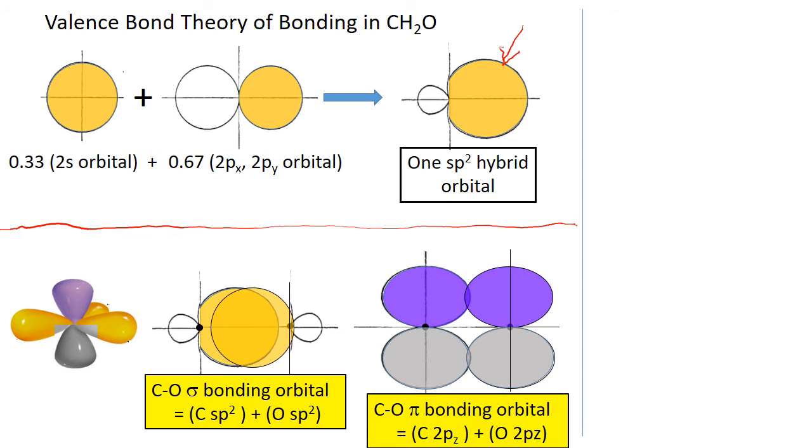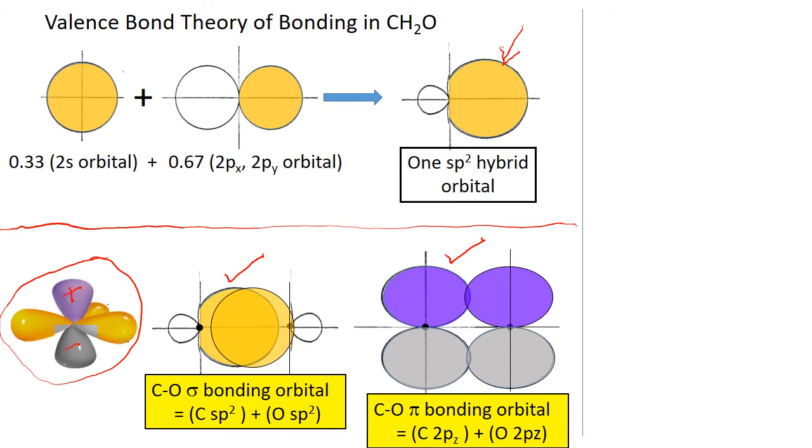Here is my CO single bond, the sigma bond, and here is the second, or the pi bond of the CO double bond. This is what my orbital hybridization scheme looks like, with my orange sp2 hybrids in the plane, and my pz orbital perpendicular to that plane, with a plus and minus lobe.